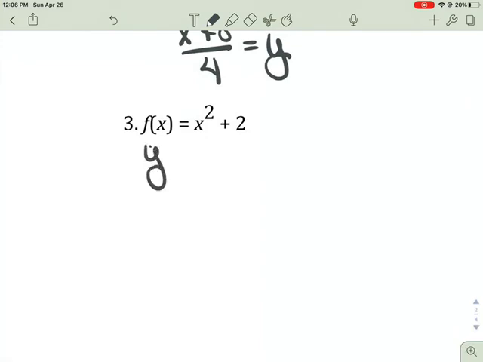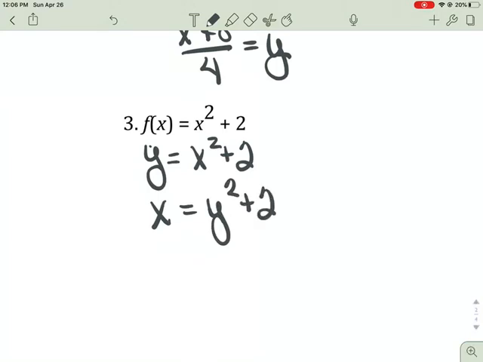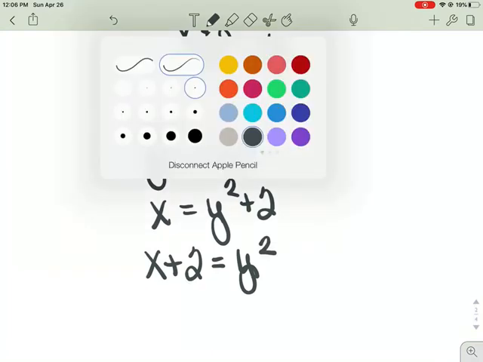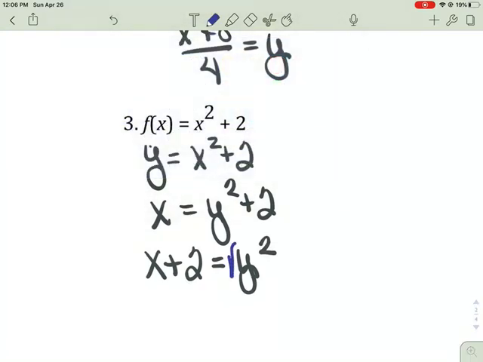We're going to start out with making it y equals. We're going to switch our letters. Notice I switched the letters. So x was squared, so now y is squared. All I did was switch the letters. Solve for y. Now this is y squared. I have to unsquare because I'm trying to get y by itself, which means we're going to square root both sides.